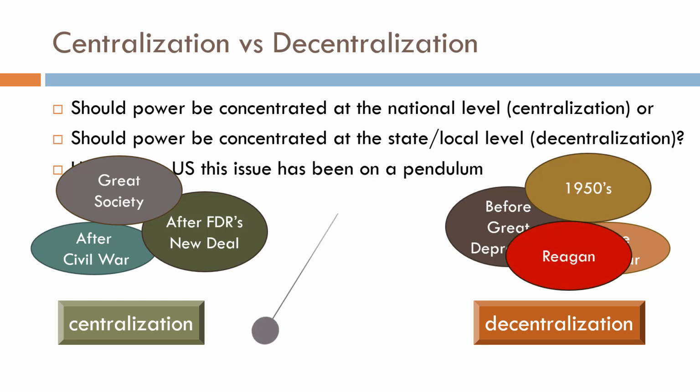Okay, this pendulum is starting to get a little annoying. But in any case, starting with Nixon, but then Reagan for sure, the pendulum swung back to decentralization and the states having a lot more authority.